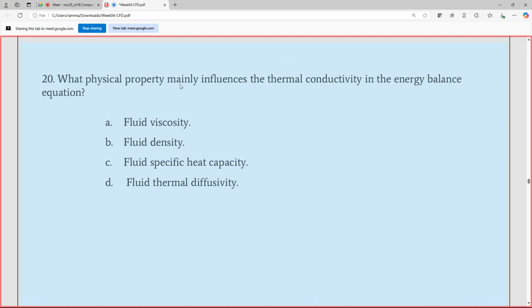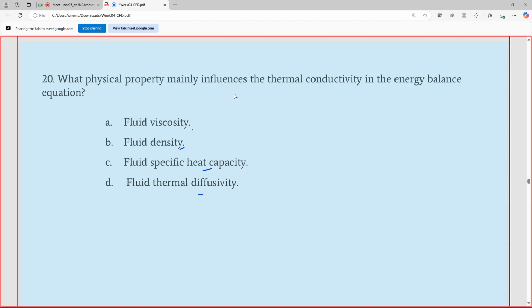Next question. What physical property mainly influences the thermal conductivity in energy balance equation? Options are: A, fluid viscosity, B, fluid density, C, fluid specific heat, D, fluid thermal diffusivity.